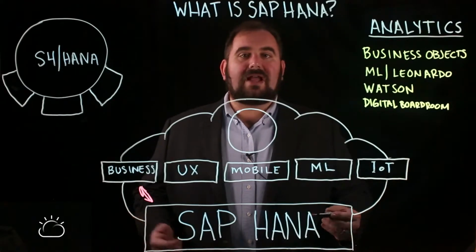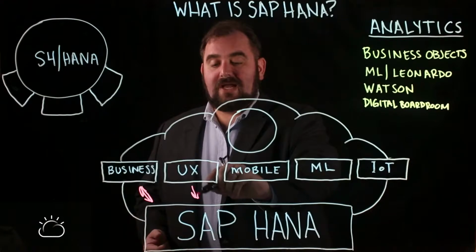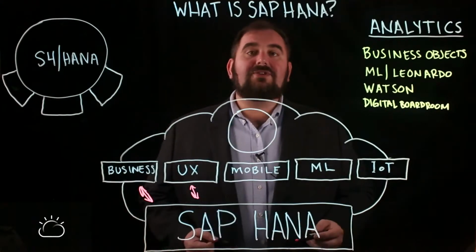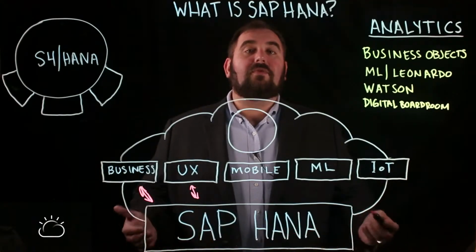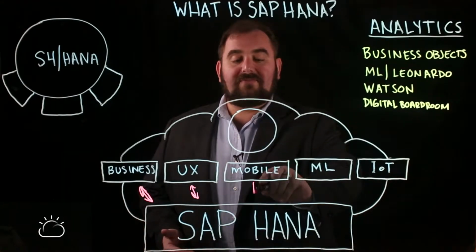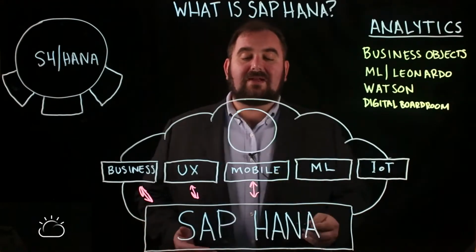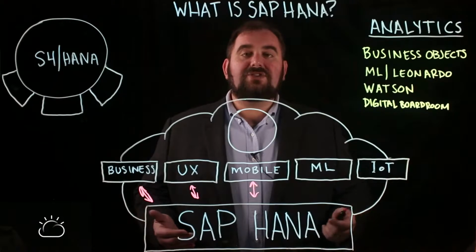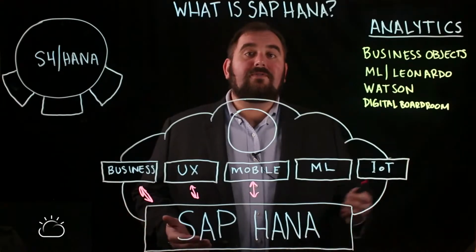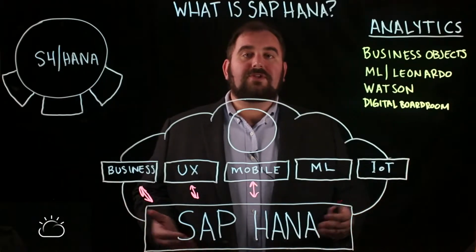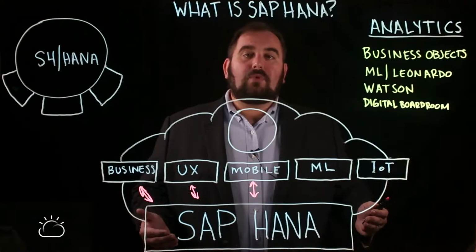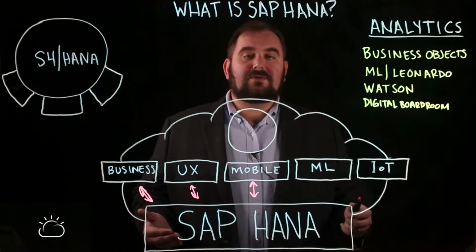But you've also got UX and UI data, information coming into and out of your website and your forms. And then you have the proliferation of mobile data, coming out of mobile devices, not just from your customers, but also from your workforce. As our workforce goes increasingly mobile, you've got more and more information coming from those data sources.